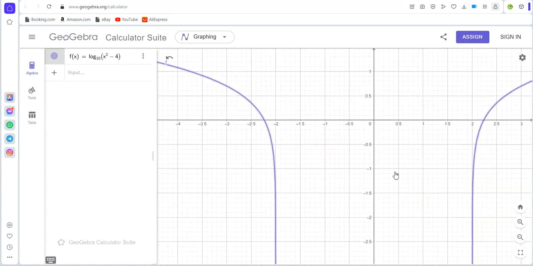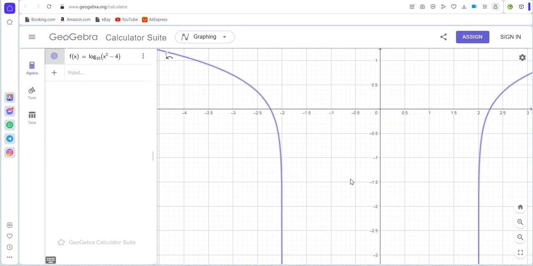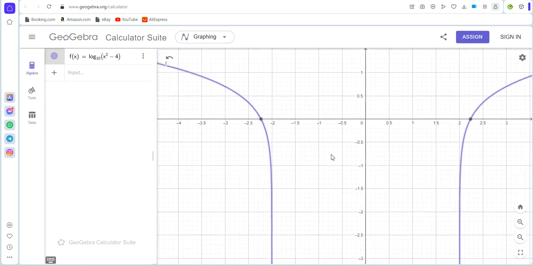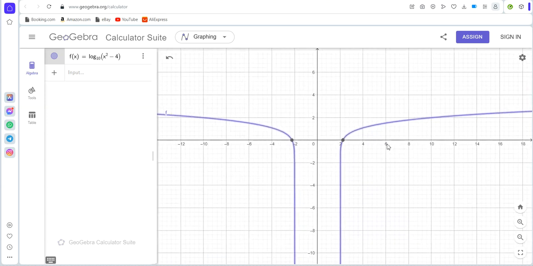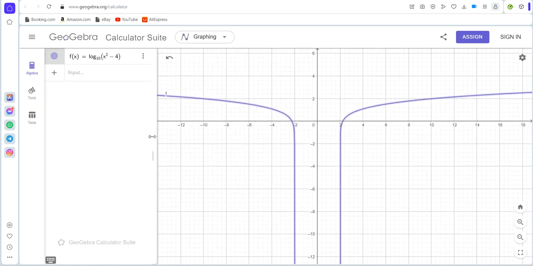As you see in the graph right here, the domain goes from minus infinity here, pushing to minus 2, but will never arrive. It's just approaching minus 2.